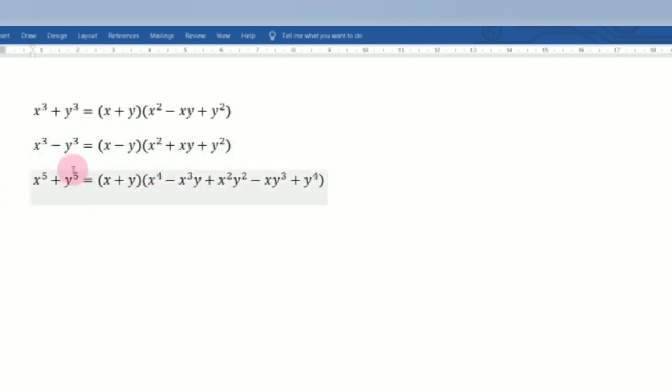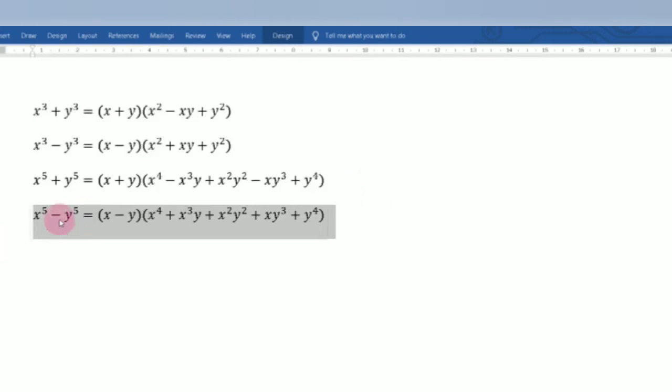But the y, the second term, is increasing. But don't forget about the sign. So actually it's related to this, because this is x cubed, so it begins with x squared, then continues with x to the first power, and ends with x to the 0 power. But the y begins with y to the 0 power, y to the first power, y to the second power. Subtraction, addition.